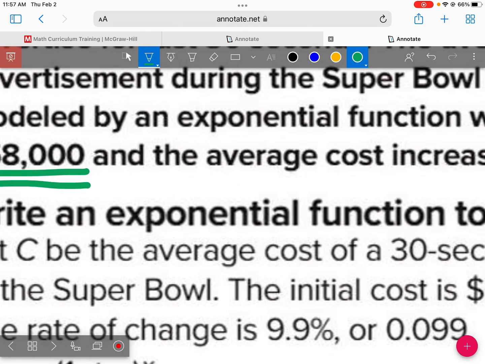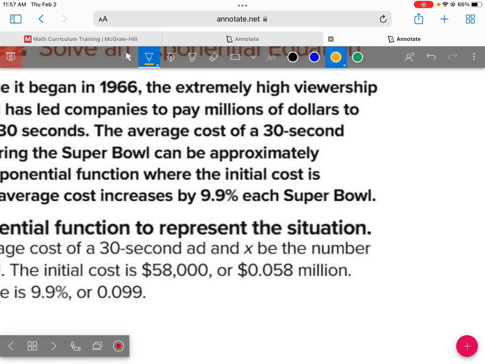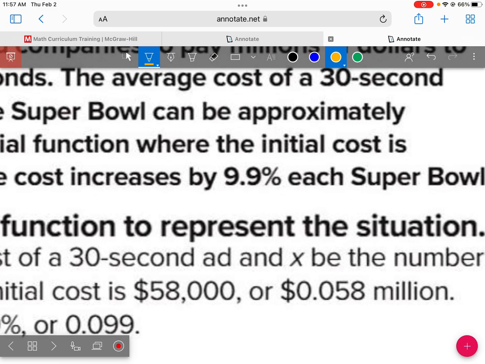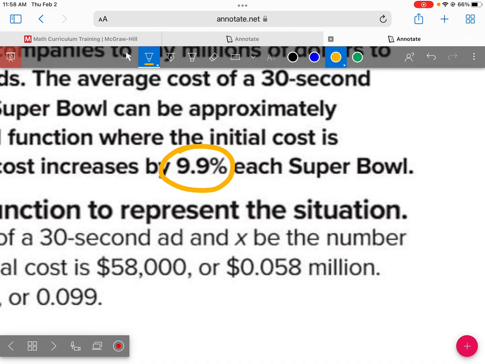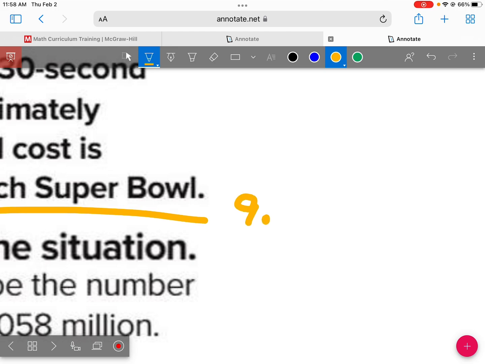$58,000. That's my initial amount, so that is little a. The average cost increases by what? 9.9%. What are they telling me there? The rate. Can I put it like this into my problem? No, you gotta make the 9.9%.